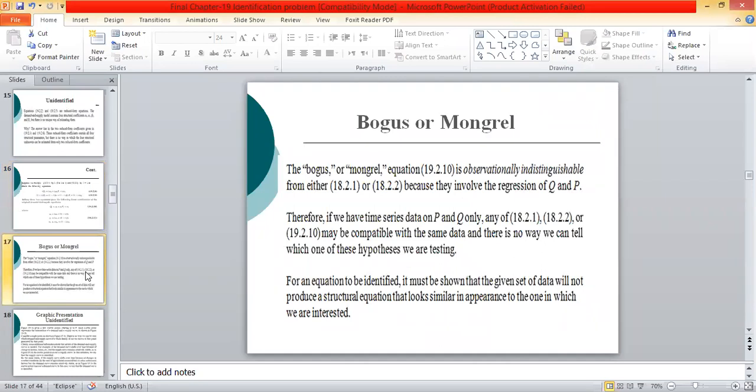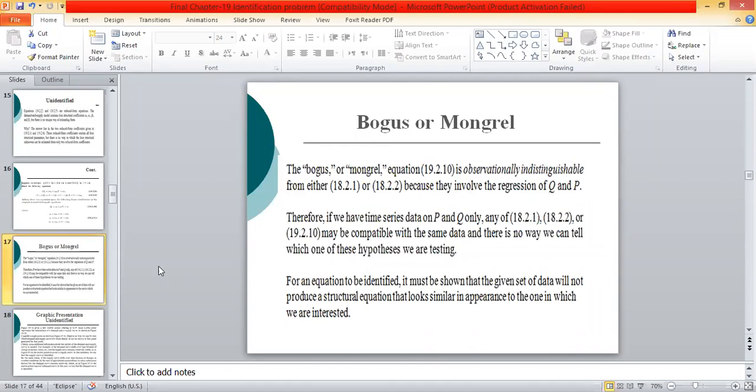So the bogus equation that we have derived is observationally indistinguishable from the demand equation, that is 18.2.1, and the supply equation, that is 18.2.2, because all these three equations involve the relationship of Q and P, and all three equations are consistent with the data set on quantity and prices.